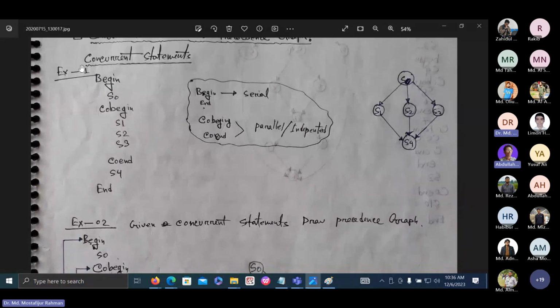Yes, sir. So from these concurrent statements, we need to draw the concurrent precedence graph. If a precedence graph is given, you need to write the concurrent statement. It's quite difficult, but if you understand the coding and programming well, then it's very easy for you.